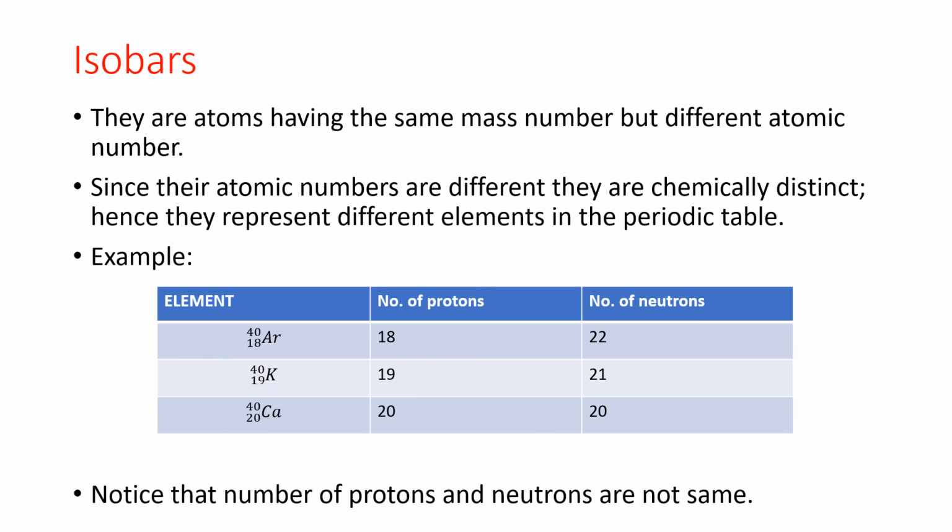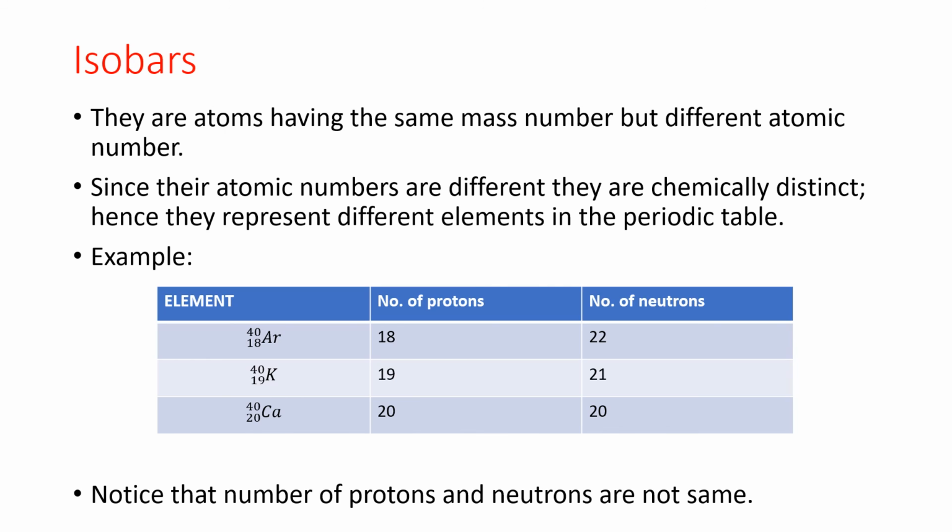Once the number of electrons is the same, the arrangement is generally the same. Therefore, they do not have identical chemical properties. But accidentally, their mass numbers turn out to be the same. Therefore, they were called isobars, those which have the same mass.